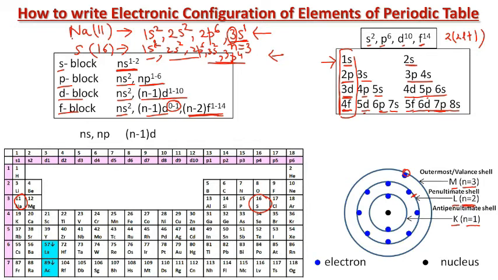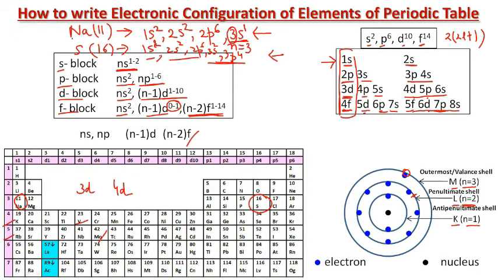Suppose, as we discussed earlier, vanadium has atomic number 23 and it belongs to the fourth period, but we write it as 3d. In the next period, molybdenum is of the fifth period, but we write it as 4d. So d follows the n minus 1 number.